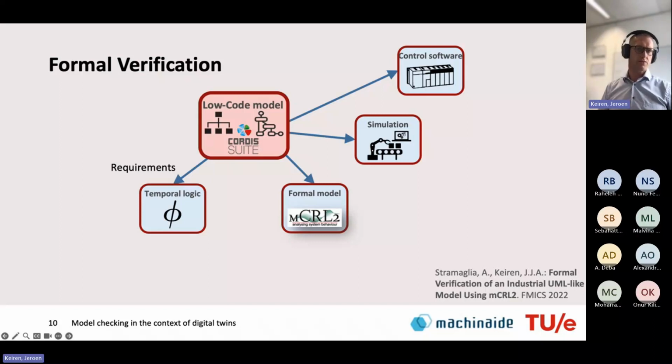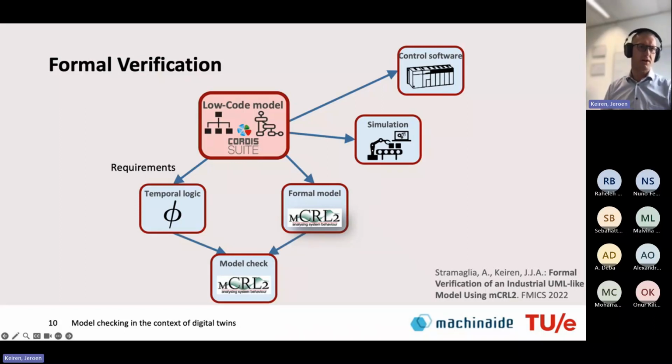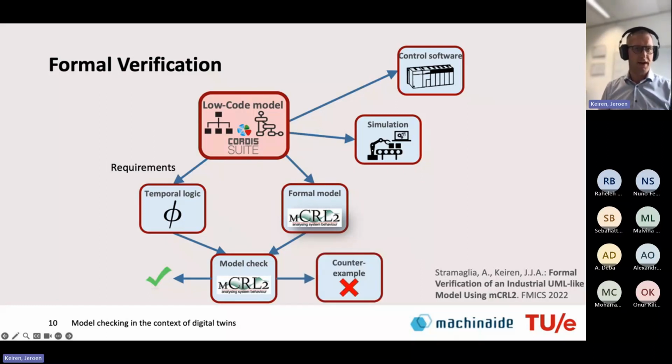In particular, since we are using mCRL2, it is the modal mu calculus that we use here. Now, the idea is that we take this formal model and this requirement, we feed it to the model checker, and hopefully, of course, the model checker says, yes, your requirements are satisfied. But of course, more often than not, the model checker says no, and we would like to get a counterexample from it.